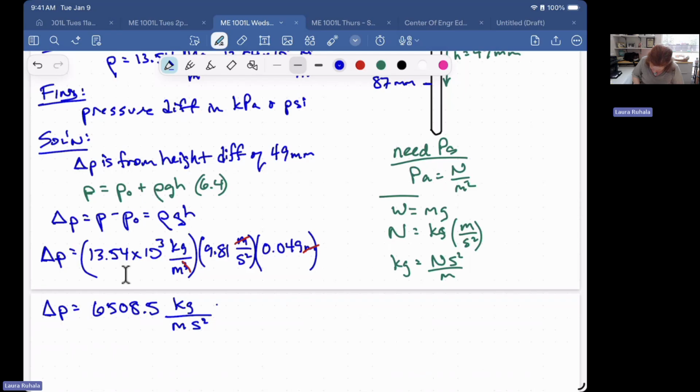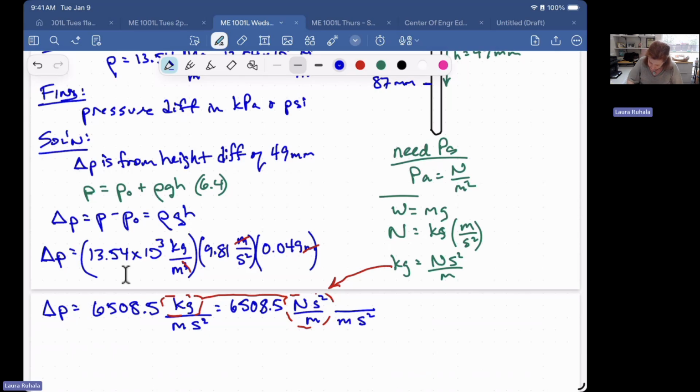So I'm going to say this is equal to 6508.5. Instead of kilogram, I'm going to do Newton second squared per meter, because I'm putting that in. And then I'll still have in the denominator meter second squared.